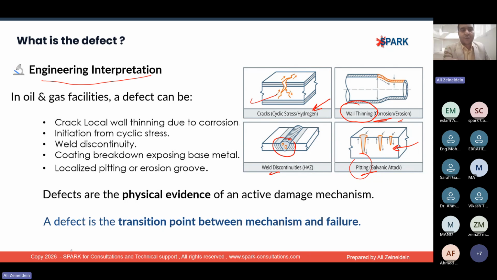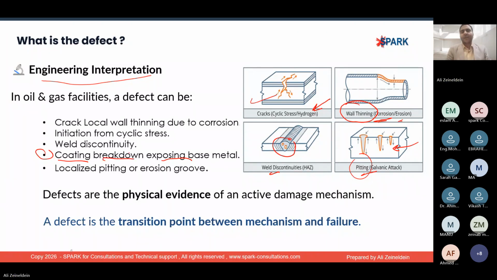As we can also see, there are some additional engineering interpretations, for example, coating breakdown exposing base metal. We know that the coating itself is considered the first barrier for corrosion mitigation.